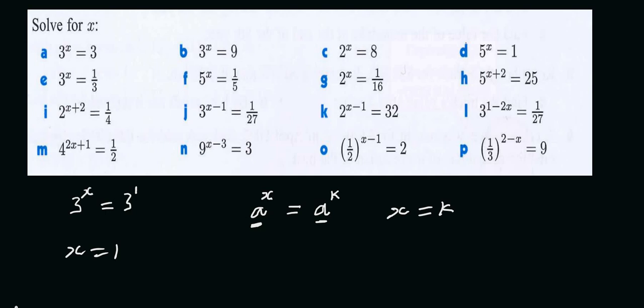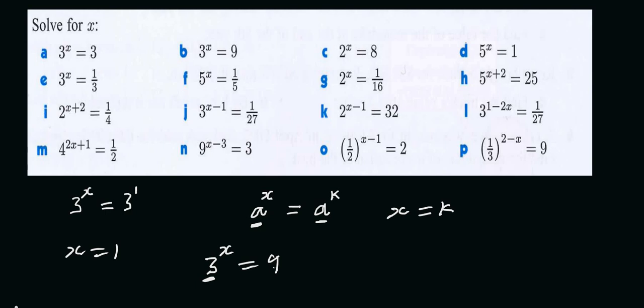All right, so let's take the second question. 3 exponent x is equal to 9. The base over here is 3, so we have to figure out how we can make 9 have a base of 3 to a different exponent.